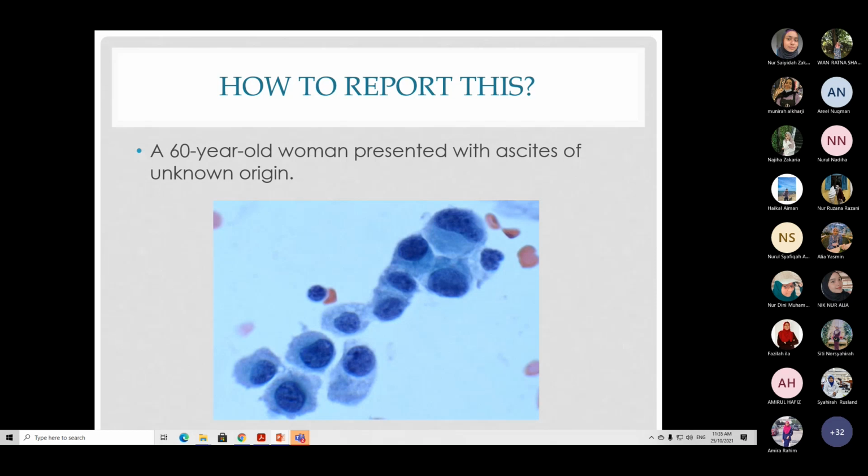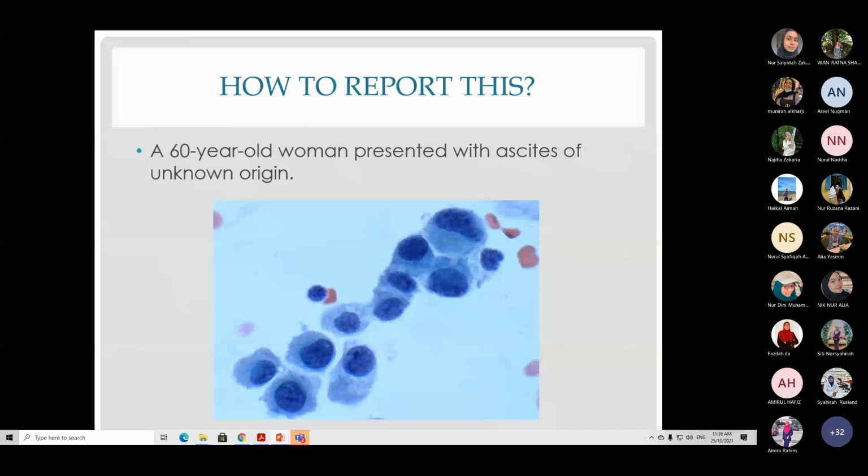Suspicious. Okay, another answer. Look at this, what do you remember about this? Negative or positive? Students, there are only three ways for you to report: positive for malignancy, suspicious cells, or negative for malignancy.